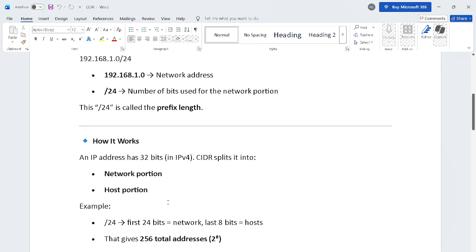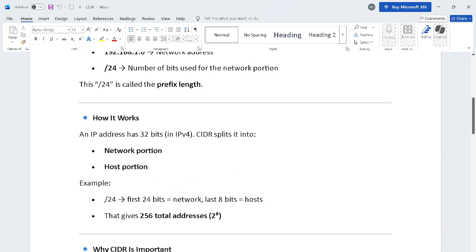How does it work? An IP address has 32 bits. In IP version 4 we have 32 bits only. CIDR splits it into a network portion and a host portion. For example, with /24, the first 24 bits are network and the last 8 bits are host.